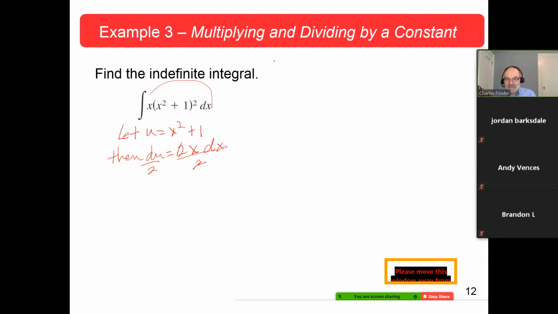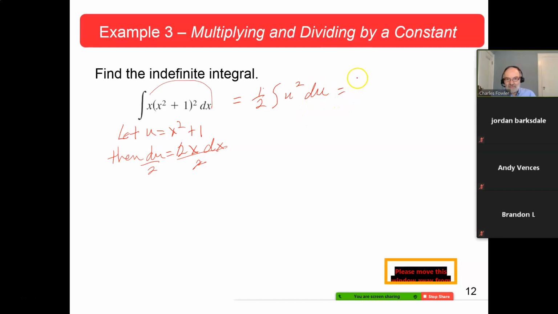So this would then become 1/2. Pull that 1/2 on the outside. The integral of the u is x squared plus 1 squared. So this is u squared, and the x dx was the du over 2. We already pulled the 1/2 outside, so it's just du.